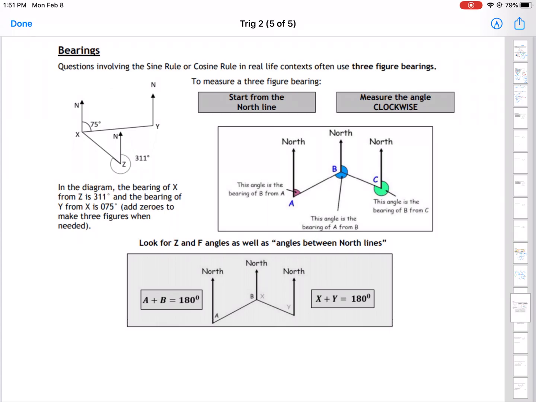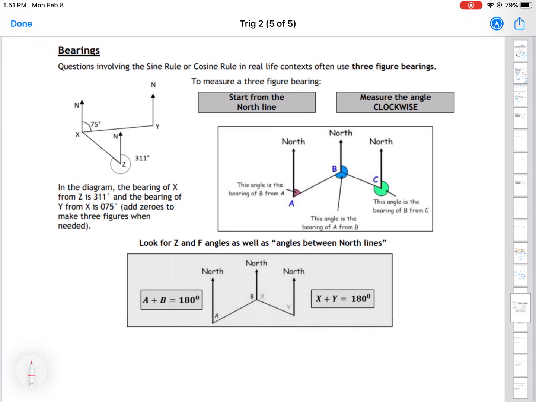Obviously we just want to think about what's going on here, okay? So bearings are working with north, south, east and west, particularly north. So a bearing is a measurement of the angle from the north line round to a particular point.